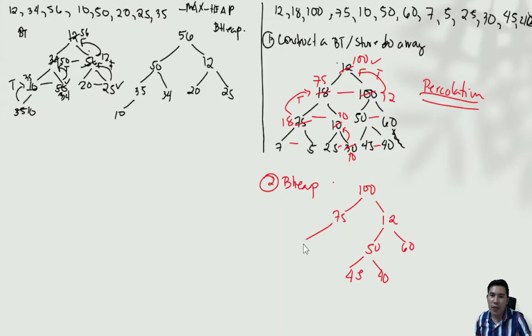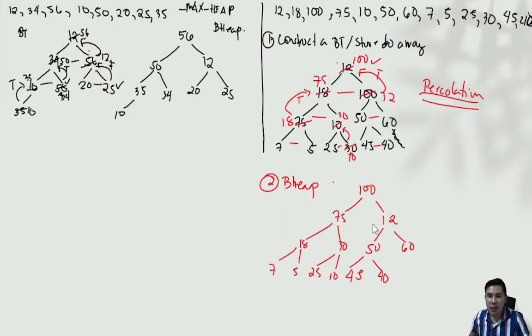Your left subtree of 75, you have here 18, and then you have 30, and then 25, and then you have here 10, and in your 18, you have 7. Anyway, let's check the heap property order if it's correct.